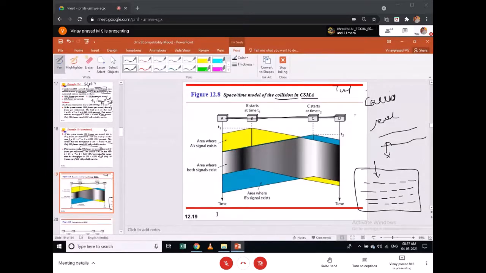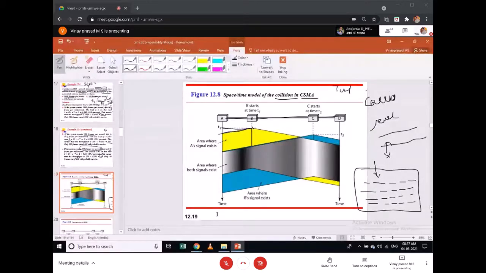So B starts sending the frame at time t1, and C starts at time t2. At this time, station B senses the channel, and no one else is sending data, so it can start because the channel is idle.